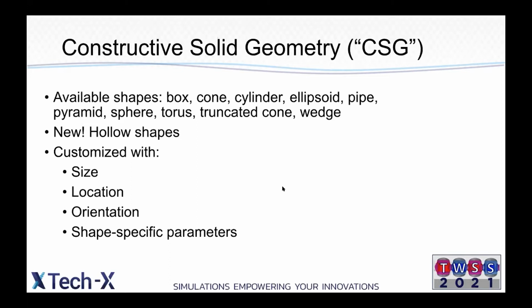We have that built in now. And then each of these shapes has a number of controls on it. So you can customize the size, the location, the orientation, and then several of the shapes have specific parameters. For instance, with the truncated cone, you can determine how much of the point should be truncated.